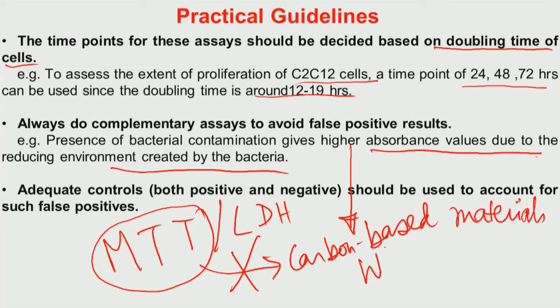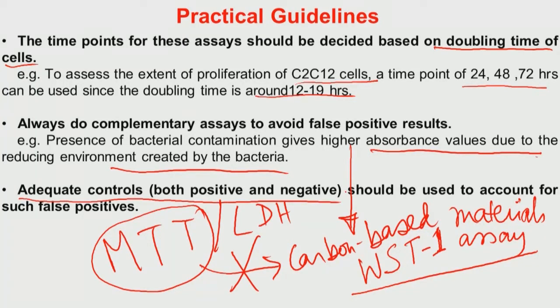Now for carbon based materials there is another assay, what is called WST1 assay, and this WST1 assay can be used, and it actually provides a reliable measure of the mitochondrially active cells on the carbon based materials. The third thing that I have mentioned is that appropriate controls, like both positive and negative controls, should be used to account for such false positives.